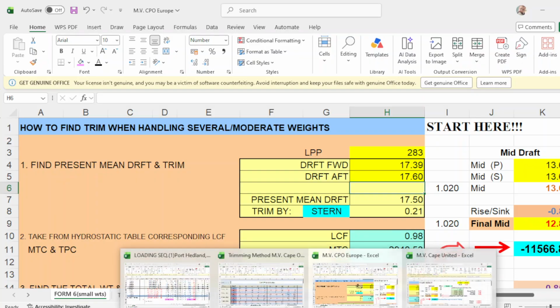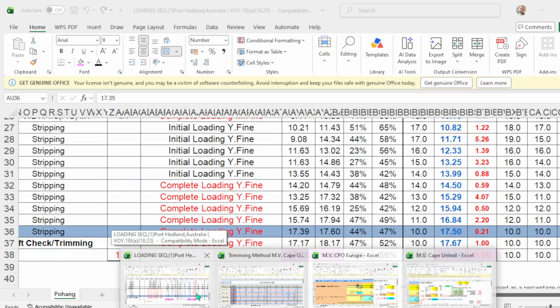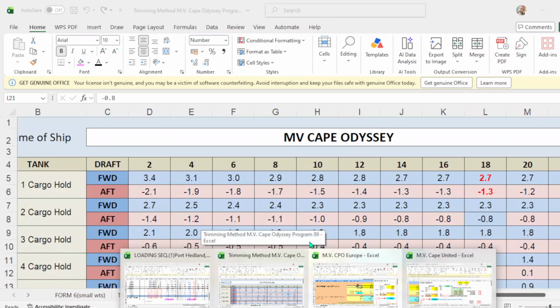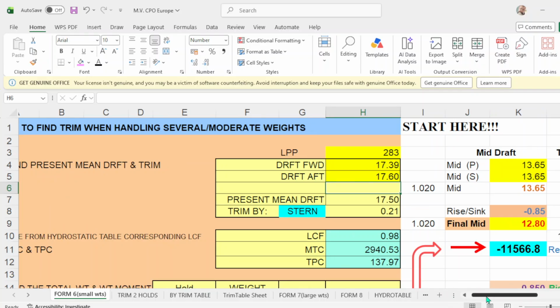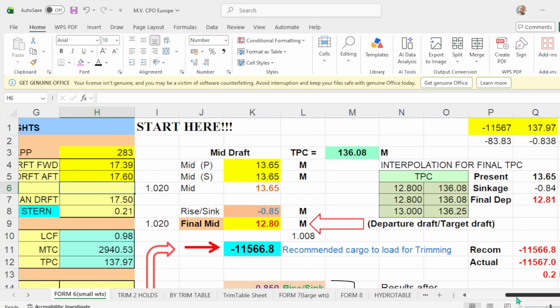So you get your 1750 and 0.21. This is your LCF from your initial drop, LCF, MTC, and TPC.